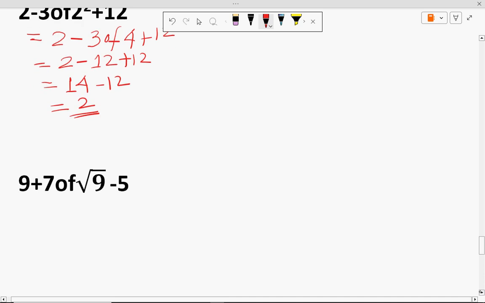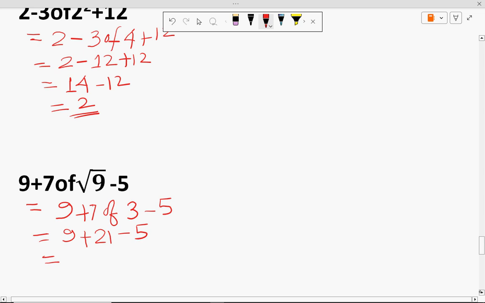In the next, with off we have square root. So to solve this off first, 9 plus 7 of the square root of 9 is 3 minus 5 is equal to 9 plus 7 into 3, 21 minus 5.